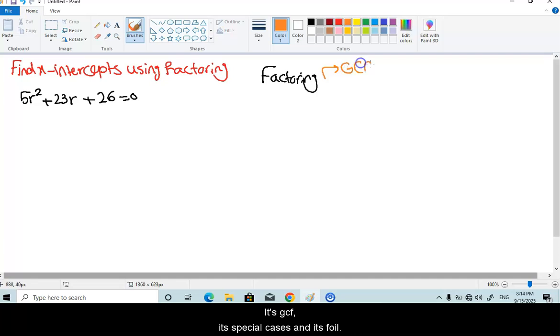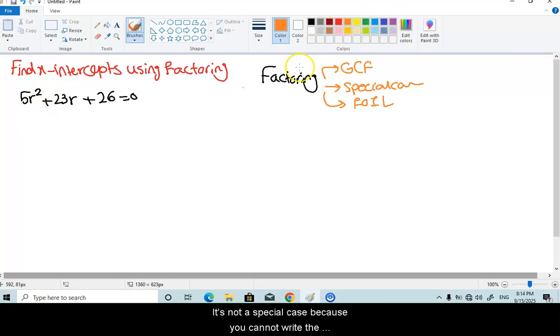It's GCF, special cases, and FOIL. In this case, there are no GCFs. It's not a special case because you cannot write the first term or the last term as a product of 2 identical factors. So you go with FOIL.